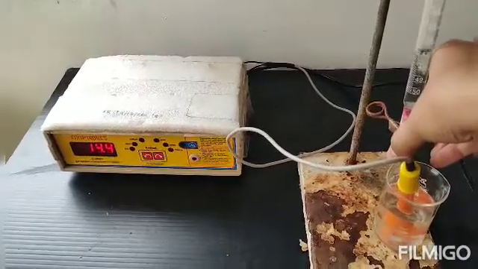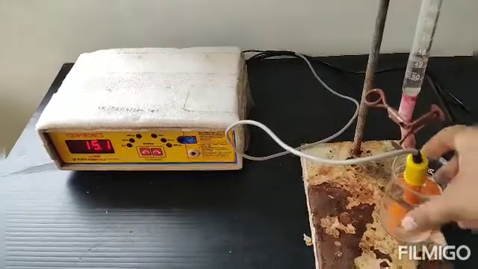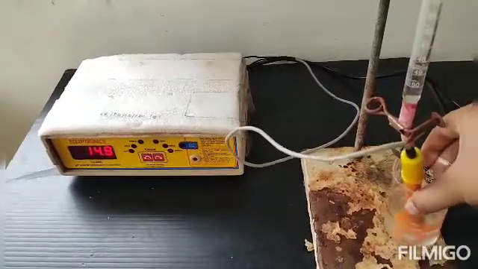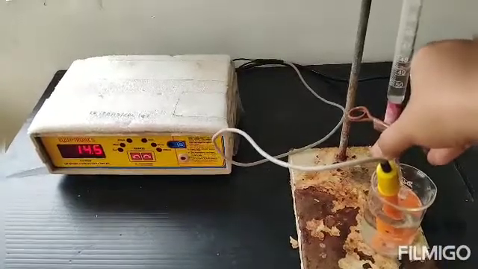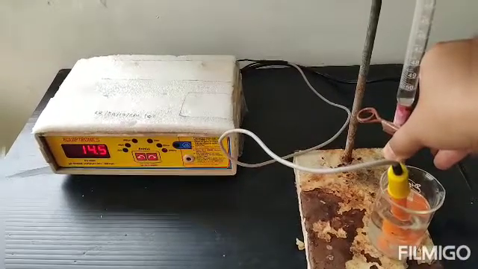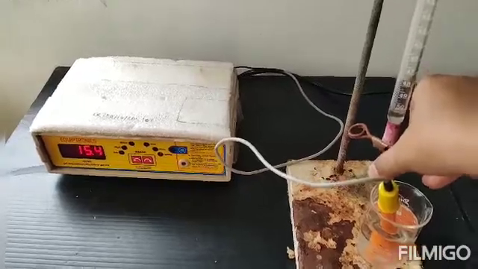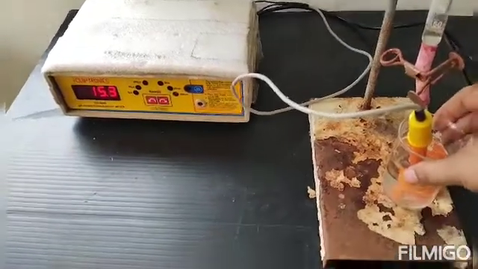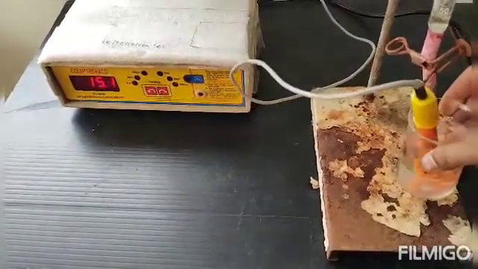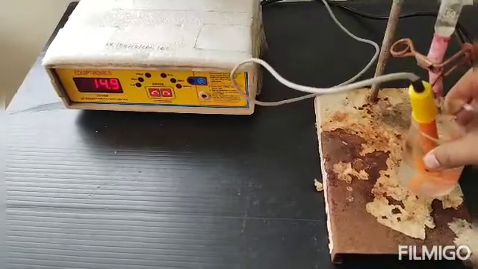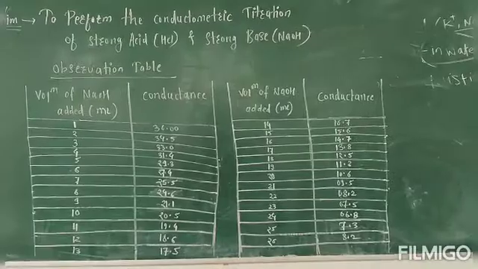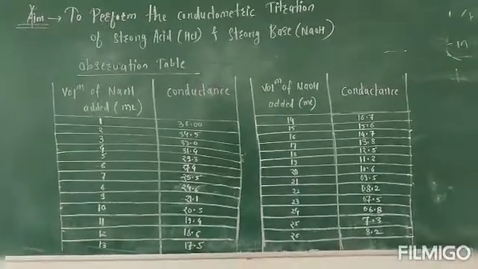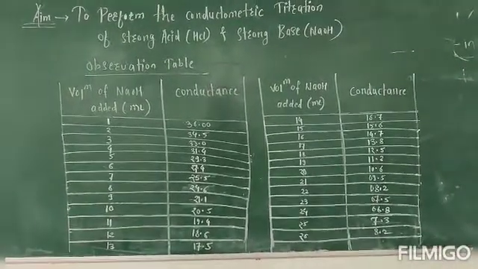From this, we can conclude that before the addition of NaOH, the conductance is higher. After the addition of NaOH solution, the conductance decreases due to lowering of the concentration of H+ ions, and after neutralization, the conductance again increases due to the increase in the concentration of OH- ions.